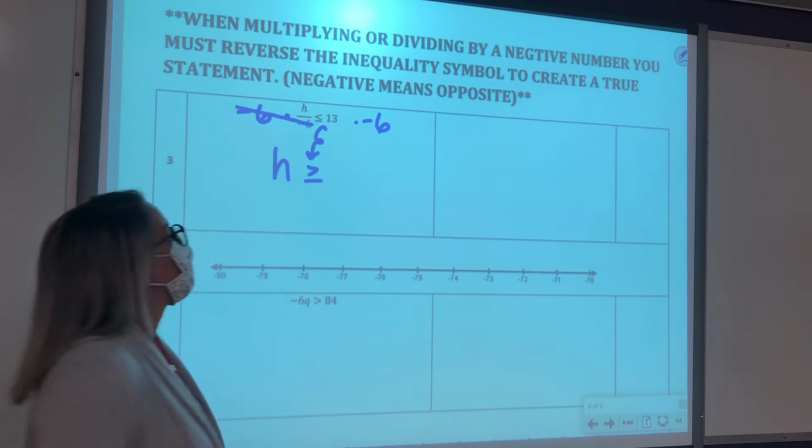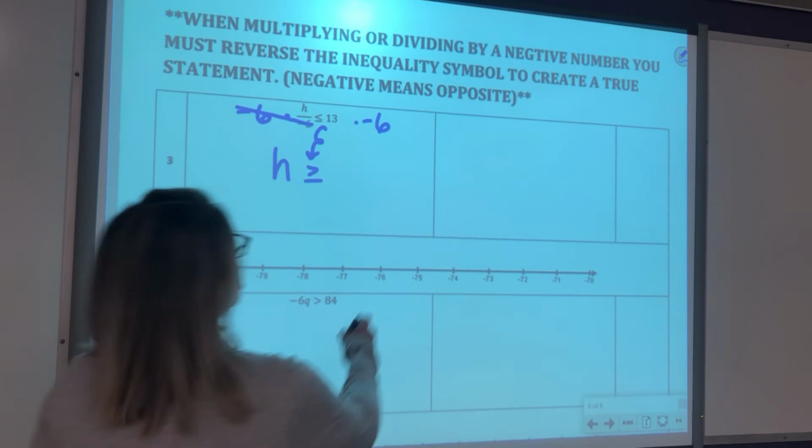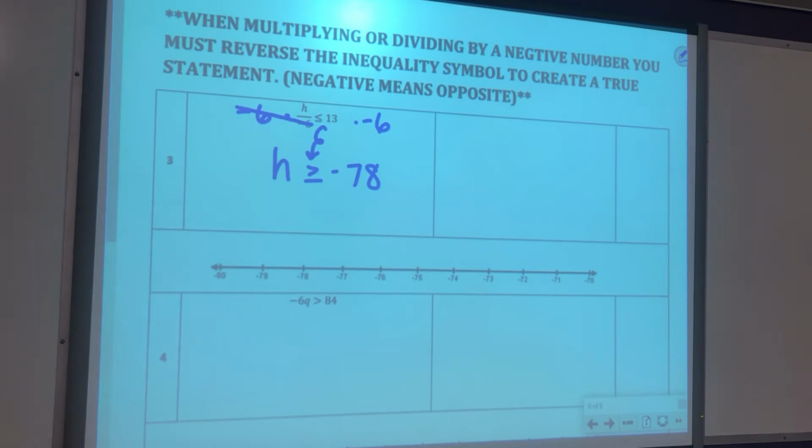So 13 times negative 6? Negative 78. Open circle or closed circle? Closed.